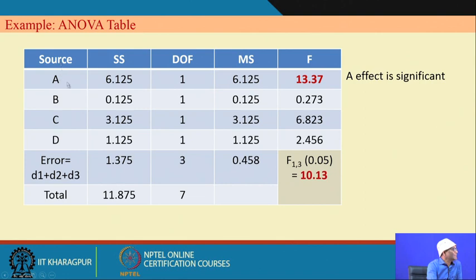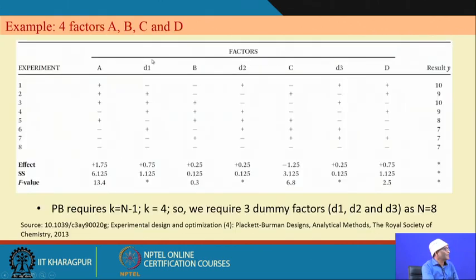You see the ANOVA table, we are interested in the main effects, so the sources are the main effects only, A, B, C, D, with the SS we have computed shown here, and for error the SS of all the dummy factors. So, dummy factor D1 SS is 1.125, D2 0.125 and D3 0.125.